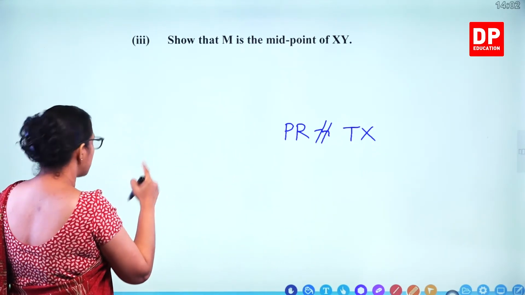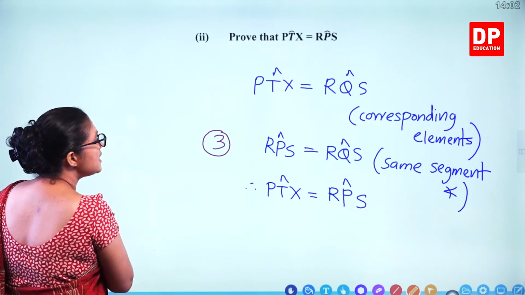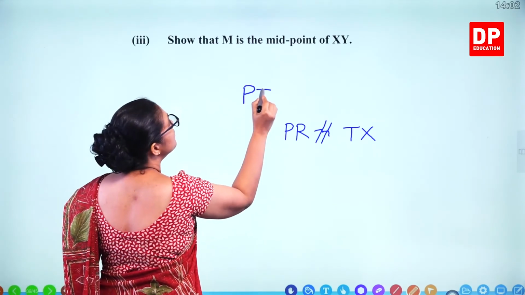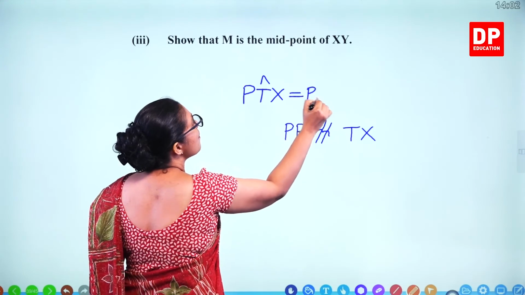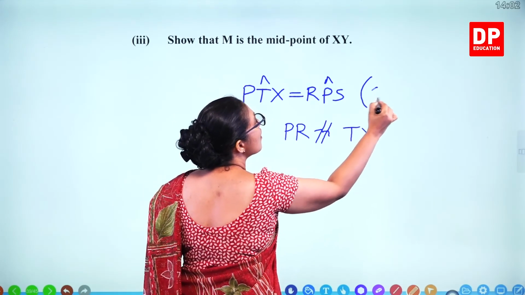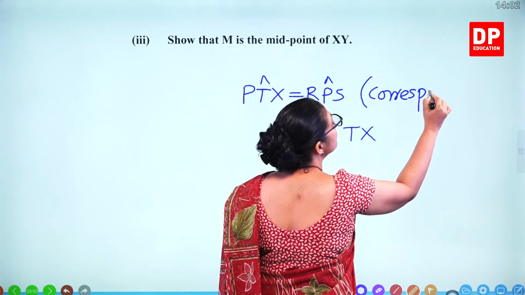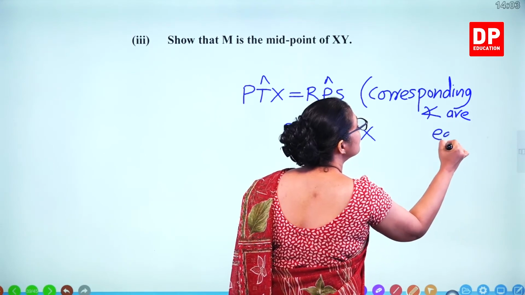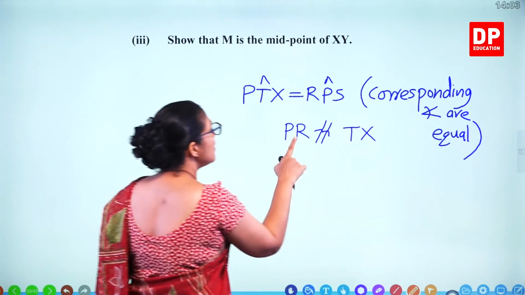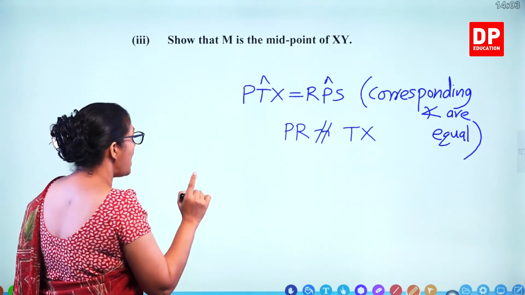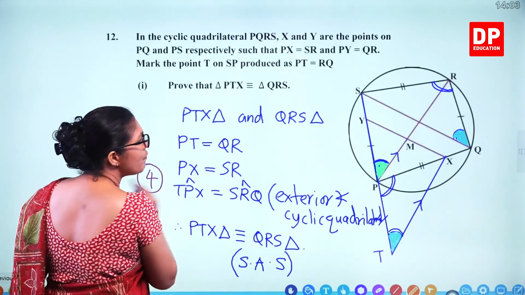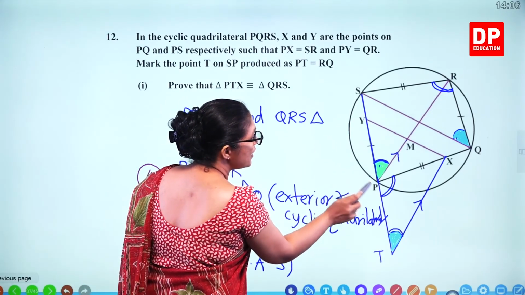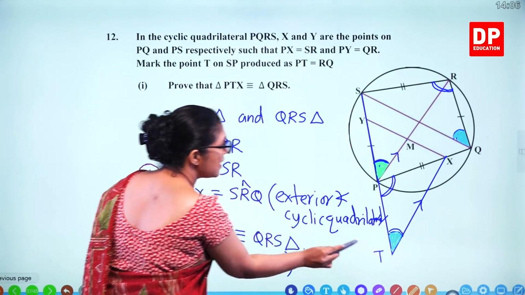Parallel because according to the second part, PTX and RPS are corresponding angles are equal. Corresponding angles are equal, so these two lines are parallel. And we know P is the midpoint. Now we have to write down according to midpoint theorem. So P is the midpoint of ST.